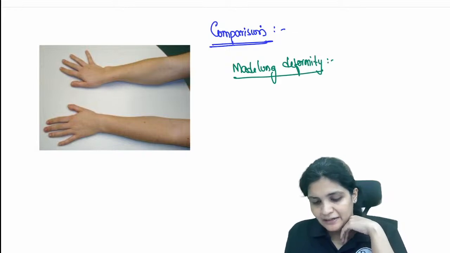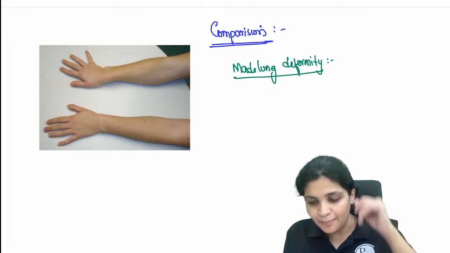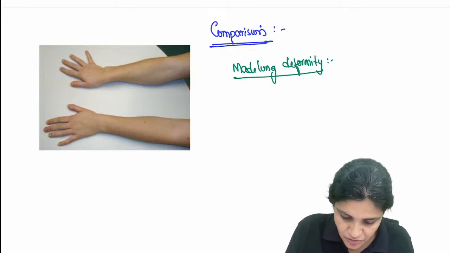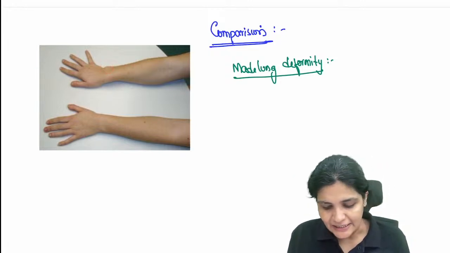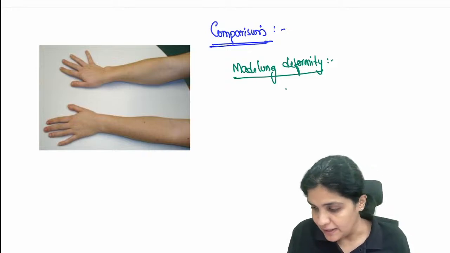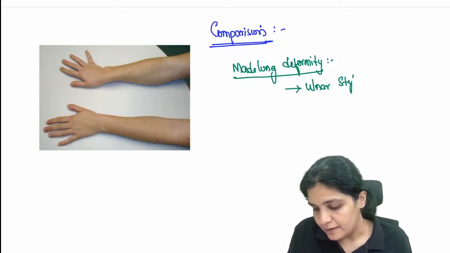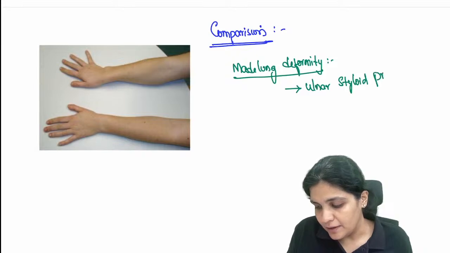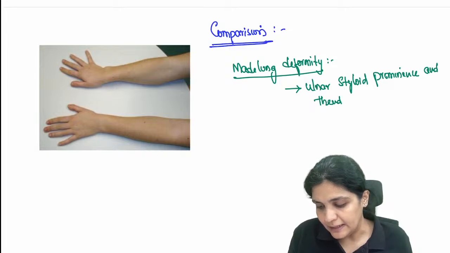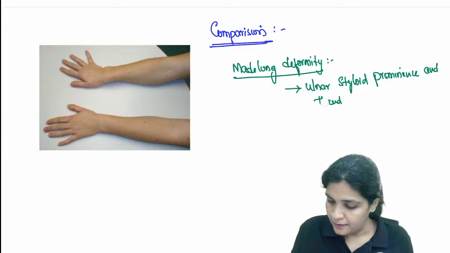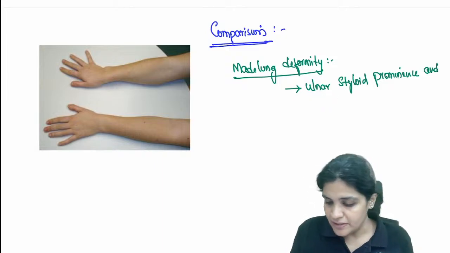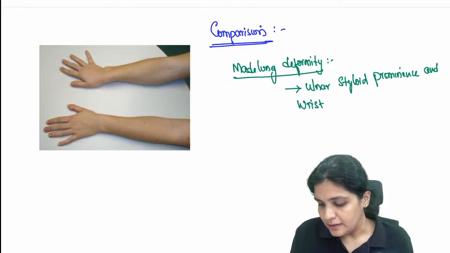So what is a Madelung deformity? Whenever you see there is some prominence on the ulnar aspect. So this is the ulnar aspect, and you can see that the ulnar styloid process is prominent. So you will find the ulnar styloid prominence, and then you see that the wrist is deviated laterally.